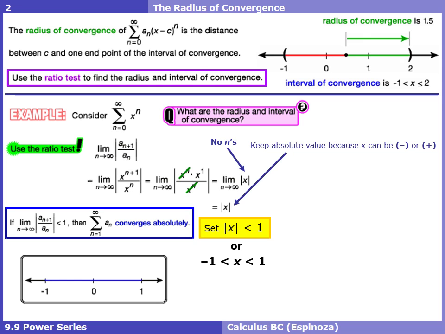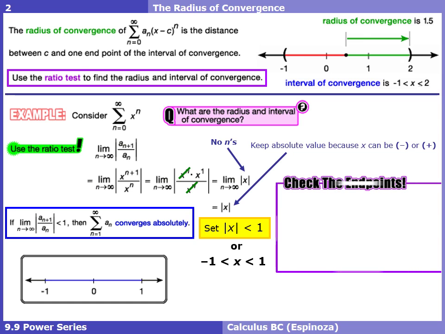But here's something you're going to have to keep in mind for every one of these types of problems. Not only are we interested in the points between -1 and 1, we're also interested in -1 and 1 themselves. We're going to have to always check the endpoints to see if those also produce a converging value. So if they do, we can include them in our answer.